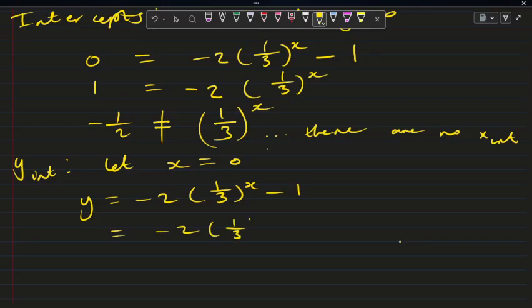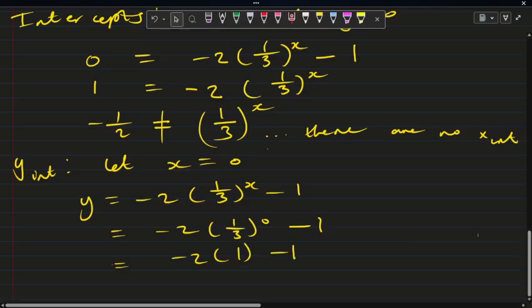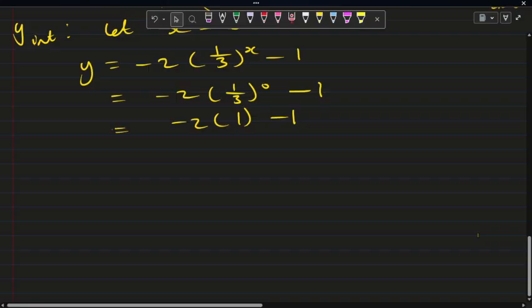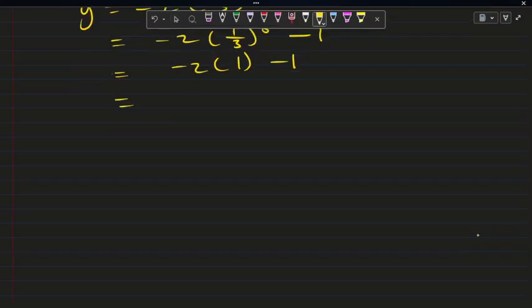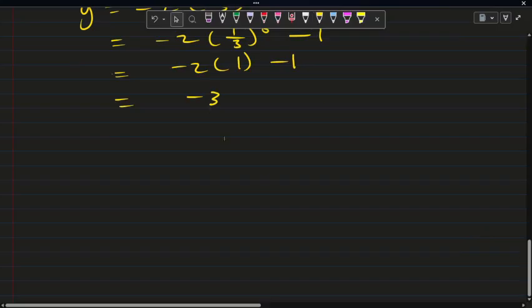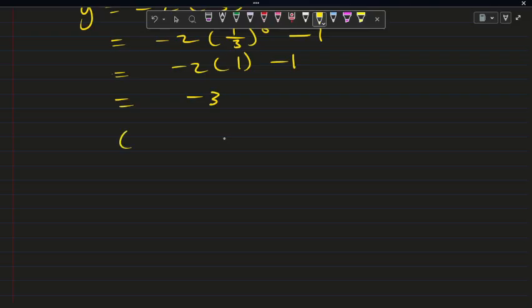Okay, so if we plug in x is equal to 0, then it will be negative 2 multiplied by 1 minus 1. Now, negative 2 minus 1 is minus 3. Okay, so this gives us a value of negative 3.